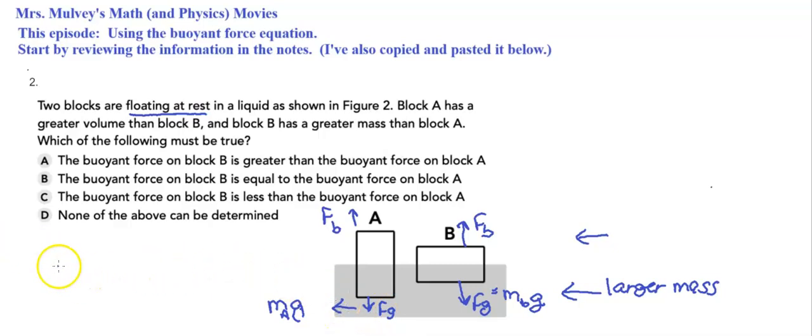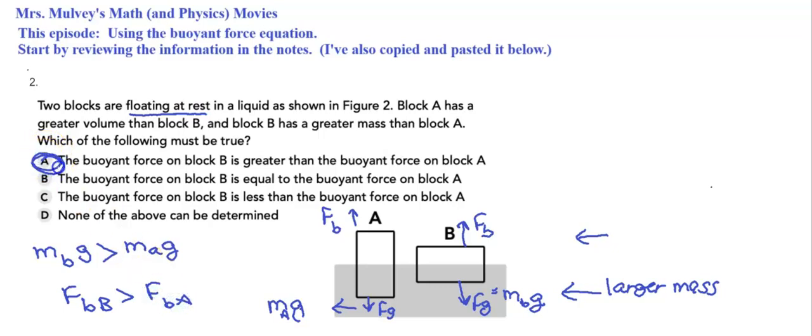So basically, what I'm saying is this: because the force of gravity for B is greater than the force of gravity for A, and the buoyant force matches the force of gravity because they are at rest, then what that tells me is the buoyant force for B has to be greater than the buoyant force for A, and that makes A the correct response.